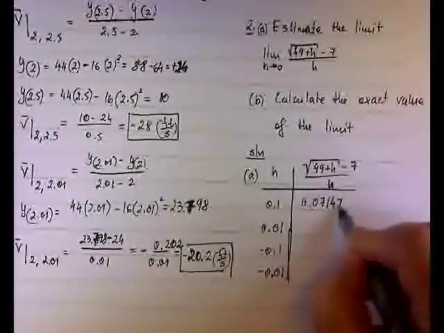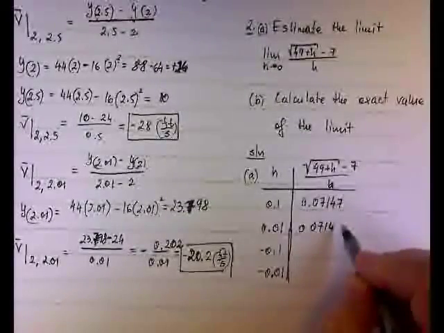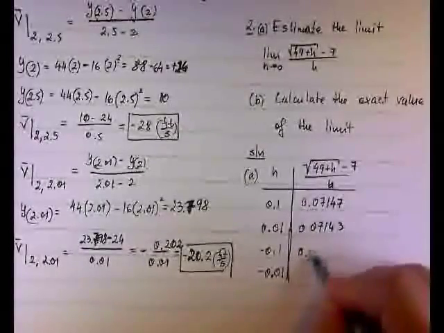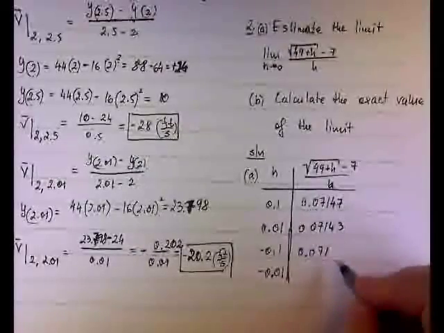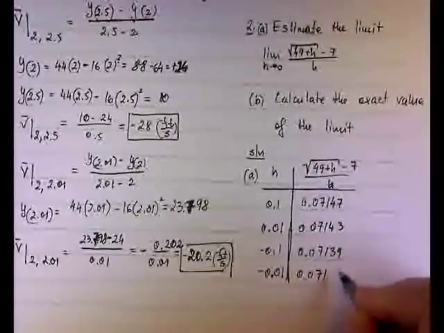0.07147 here, 0.07143 here. Where for the negative we have 0.0714139, and then 0.07143.